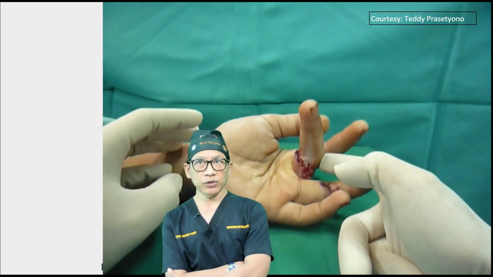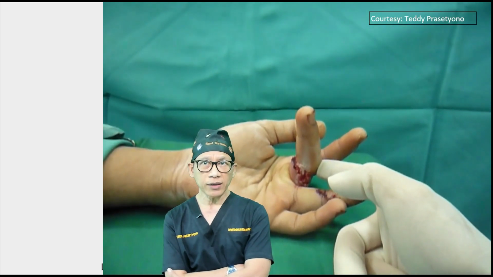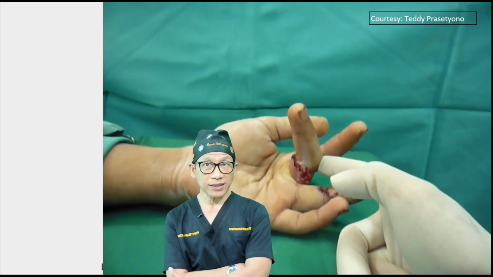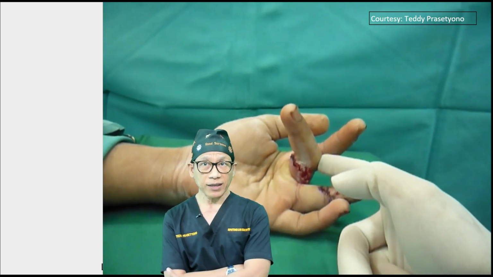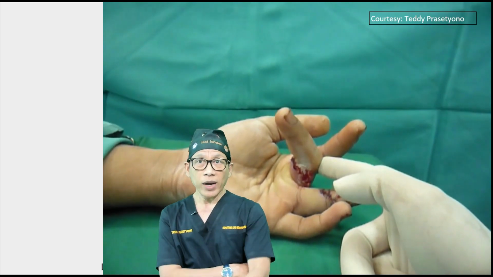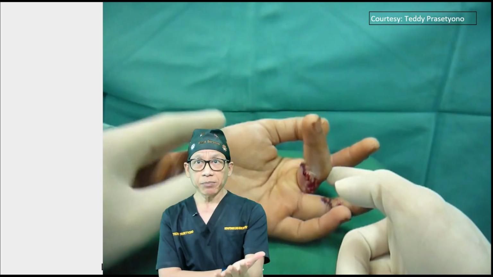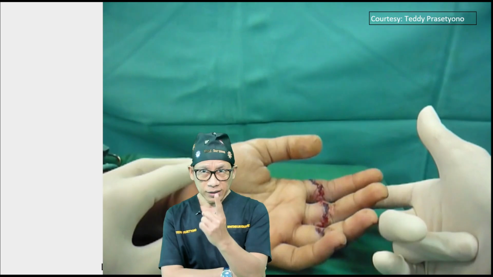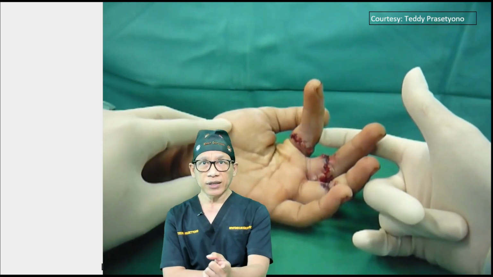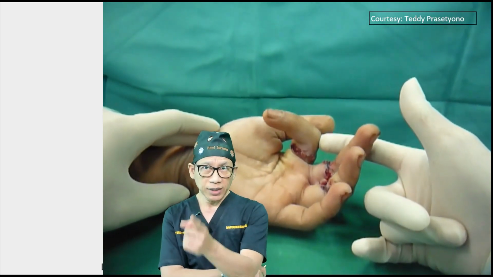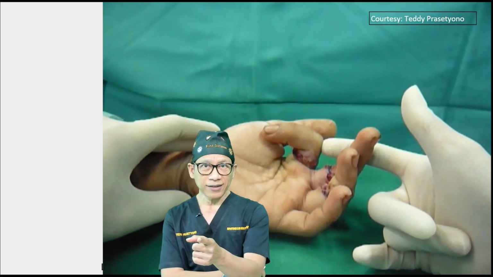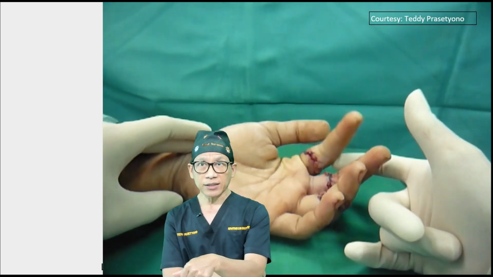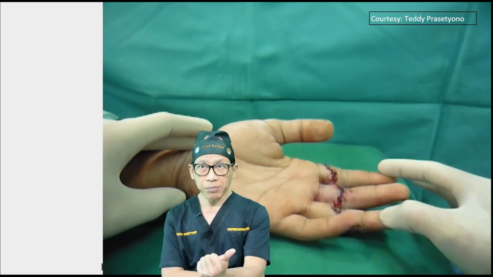Now, once again, you could see an example on the ring finger, whether the patient could flex the PIP. It flexed. So where is the DIP flexion then? DIP flexion would be different in terms of checking it. So this maneuver is to check the function of the FDS to flex the PIP.